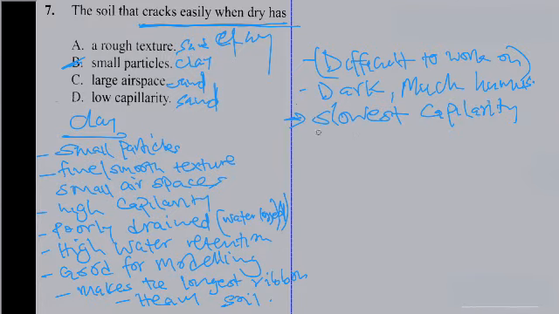There is this point on slowest capillarity and this point on high capillarity. Capillarity is high because water will rise in clay soil to the highest level. But it will not rise very fast because the particles are in contact and so are blocking it.